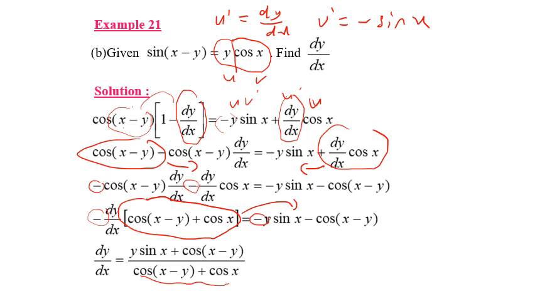Because here on the right hand side, they also have both negative terms. So if we factor out the negative, it will be positive. So this negative, we can cancel out with the negative on the left hand side. So that's why in the final answer, both terms have a positive sign, no negative at all. Okay. So that's the answer for example 21.